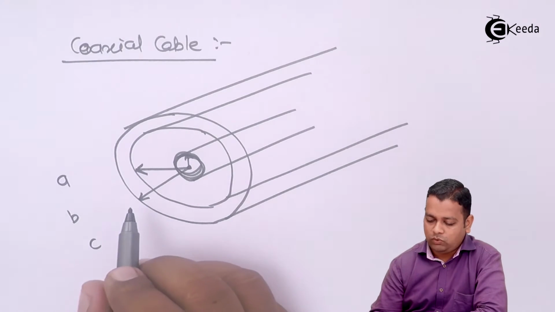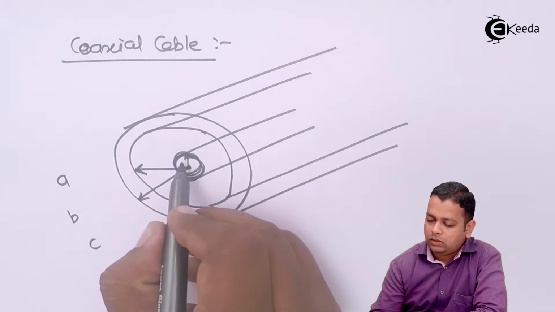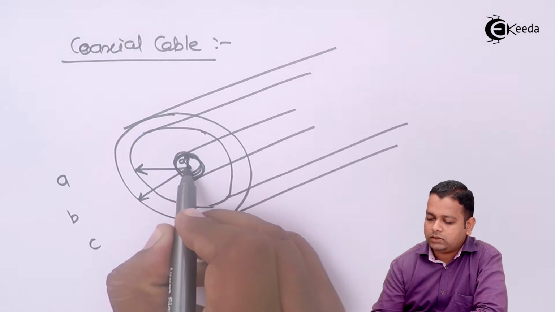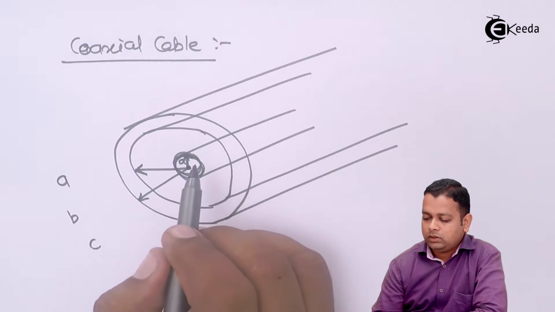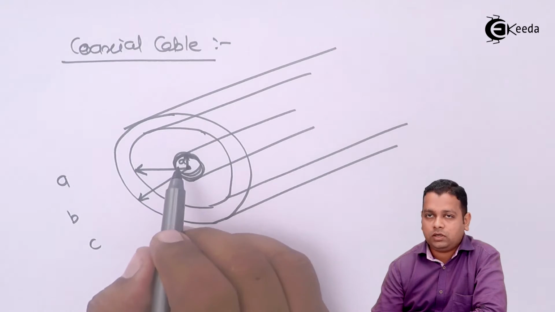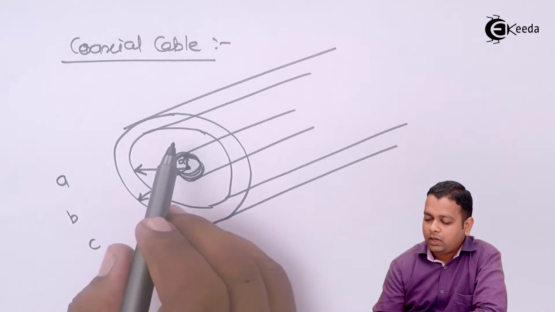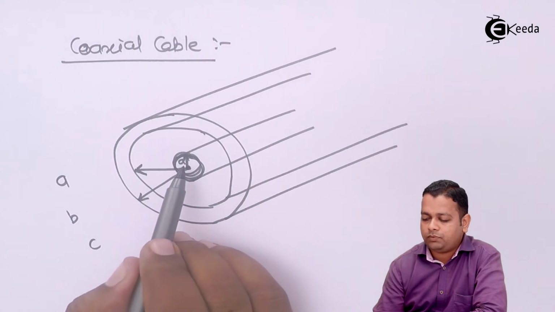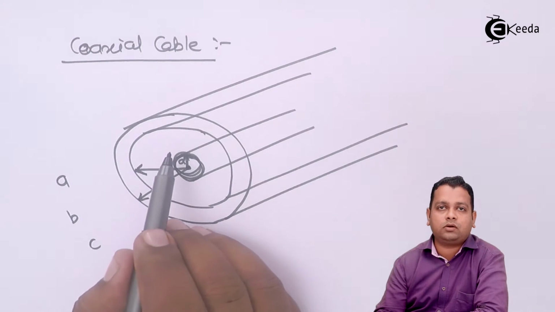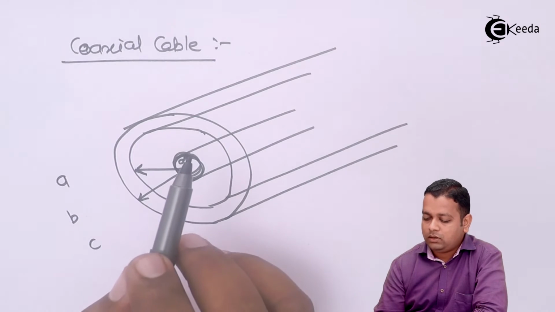And the radius of the outer conductor, that is the outer one, we represent by small c. So a is the radius of the inner conductor, which is solid, not hollow inside. The second conductor is hollow inside, and the separation between the first conductor and the second conductor is filled with certain dielectrics.